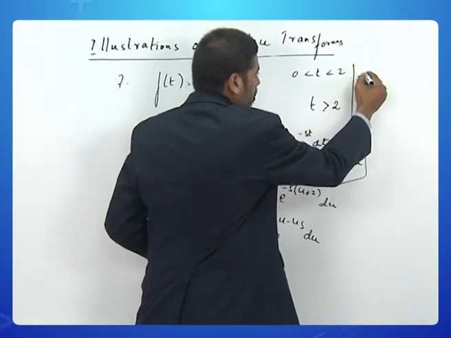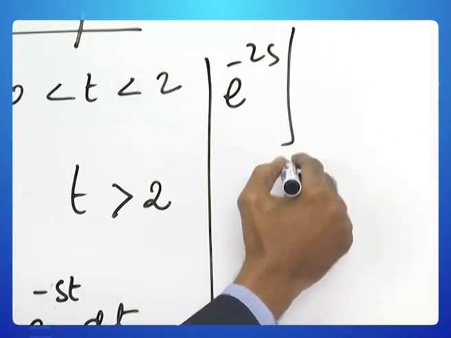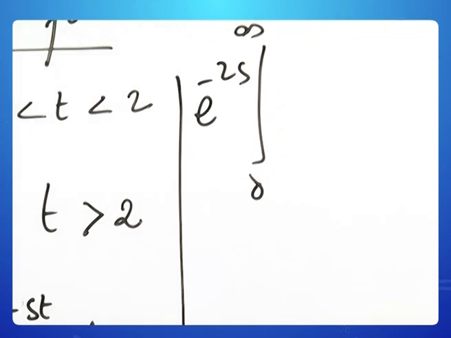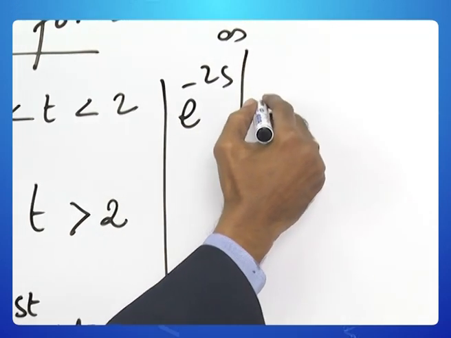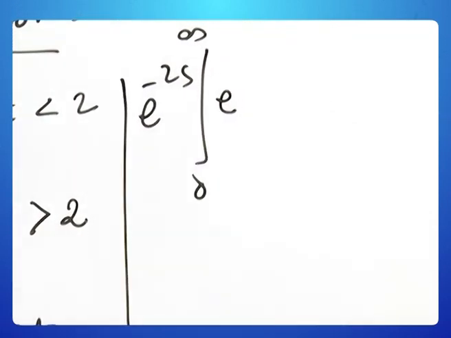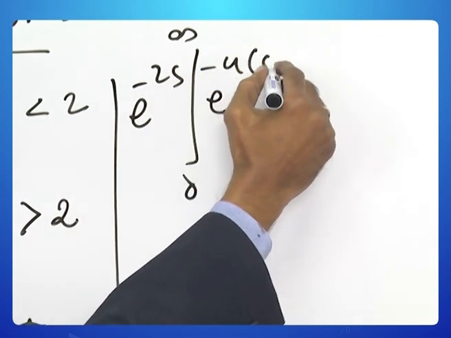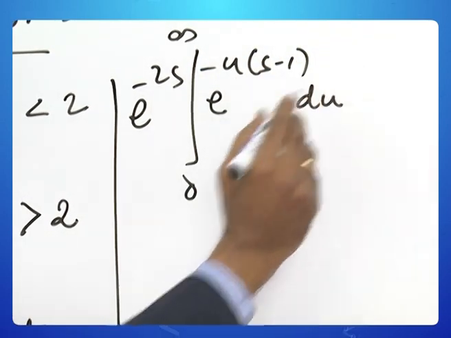e power minus 2s integral 0 to infinity e power minus u into (s minus 1) du, right?